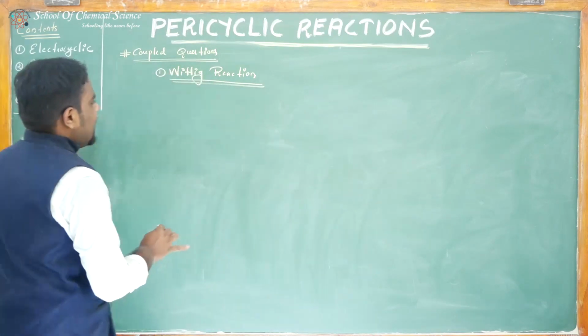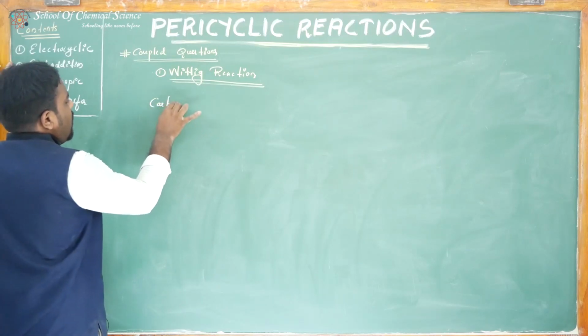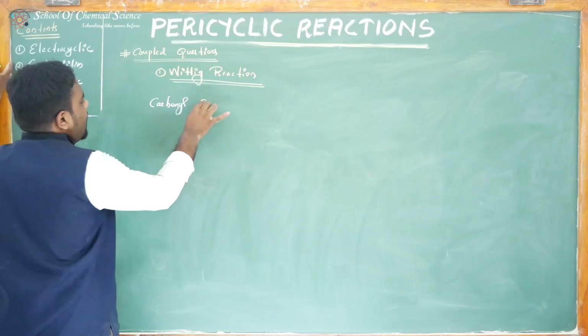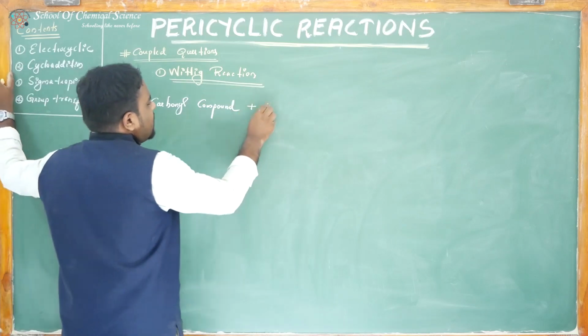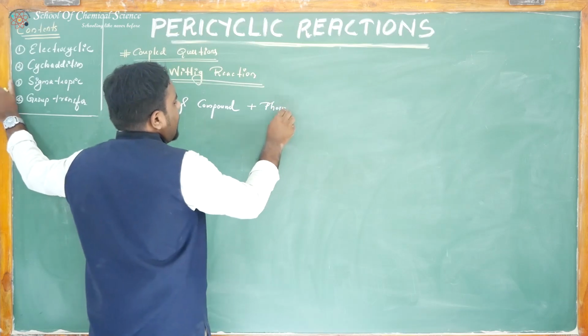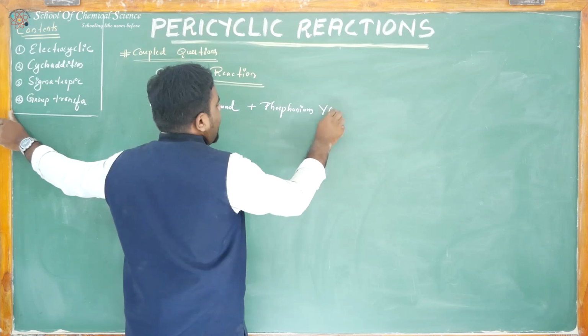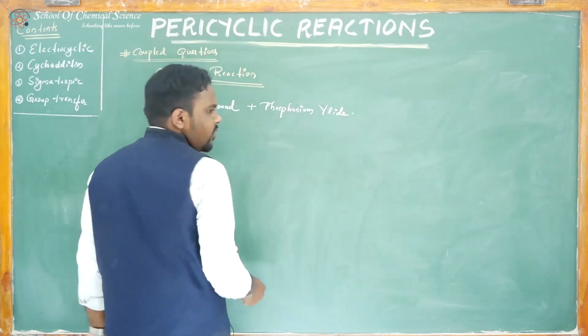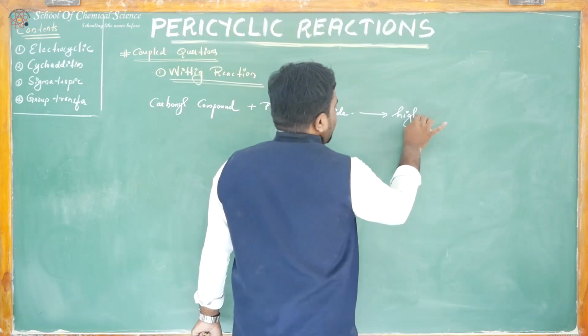So what is Wittig reaction? Wittig reaction means a carbonyl compound on reaction with a phosphonium ylide to form a higher alkene.